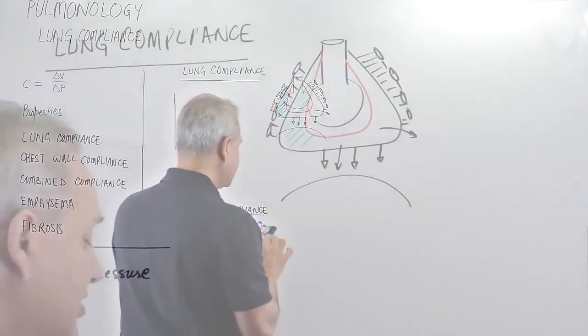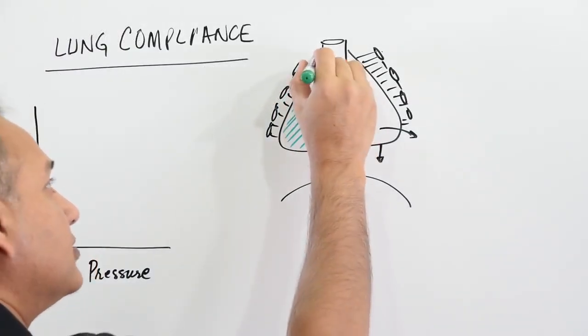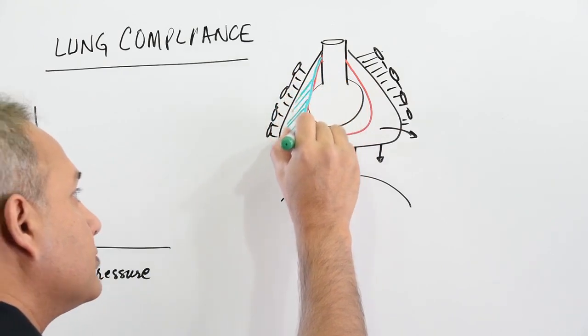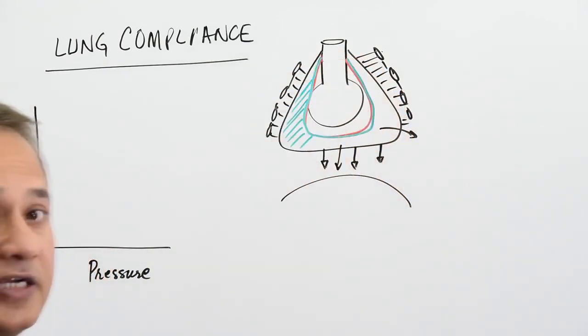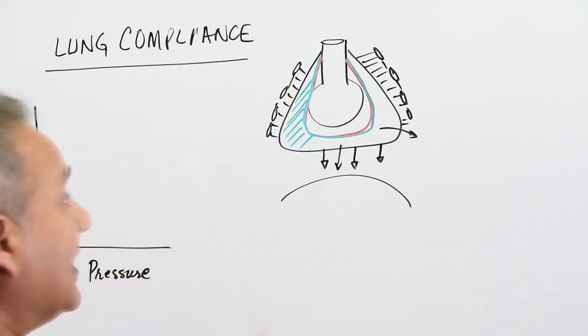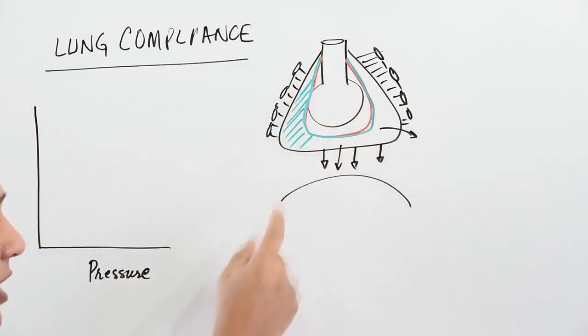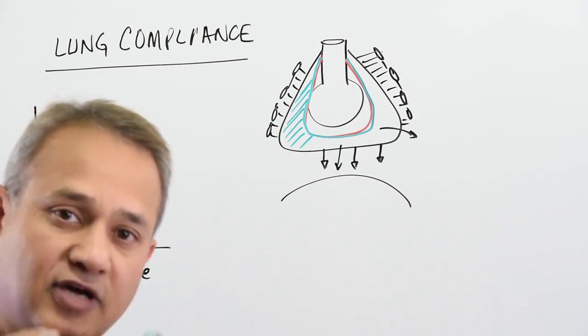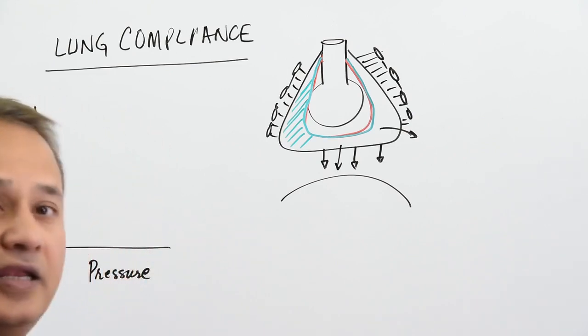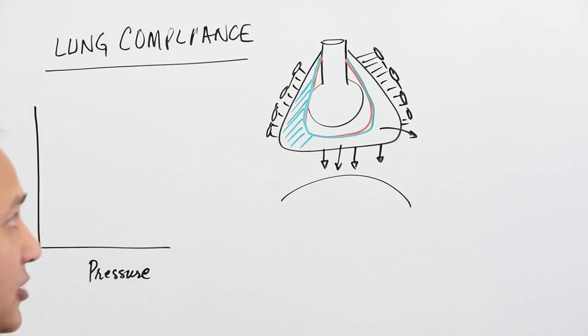However, the visceral pleura, the internal pleural layer connected to the lungs, is actually adherent to the lung tissue, and because lungs tend to recoil, and we have done that as a separate lecture, lungs like to collapse, they like to recoil.